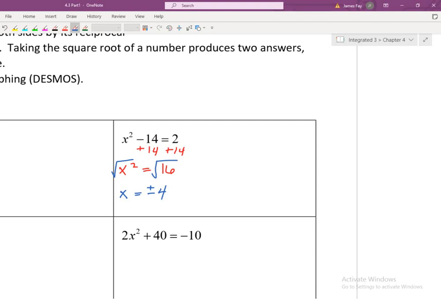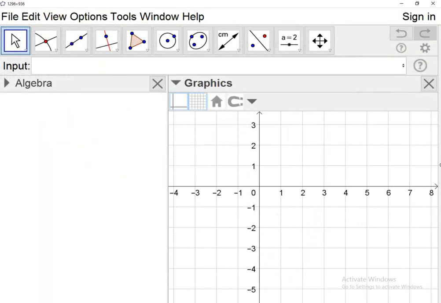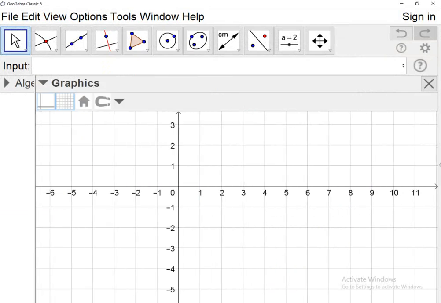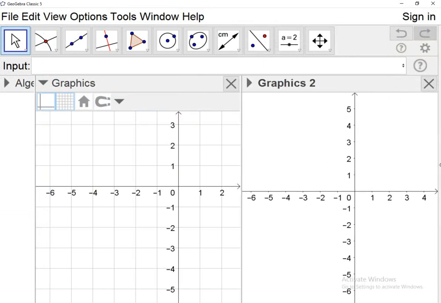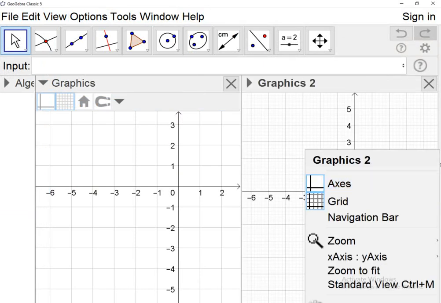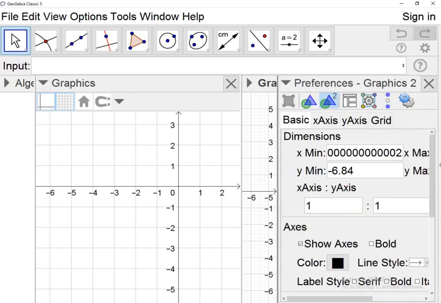Okay, so let's investigate this graphically real quick. Remember what we're really doing when we write or solve an equation? We are trying to determine where the two sides cross each other.